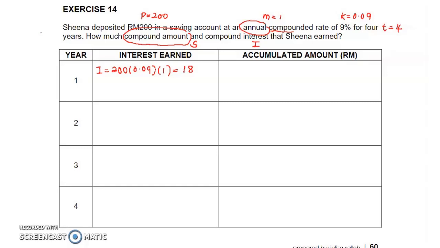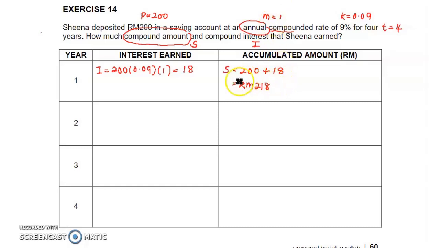The accumulated amount, which is value S: just now you invested 200 ringgit, and within 1 year you earn interest of 18 ringgit. So at the end of year 1, we will have 218 ringgit.